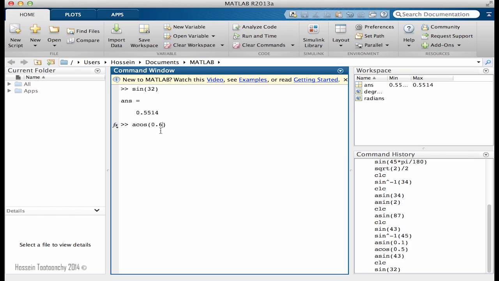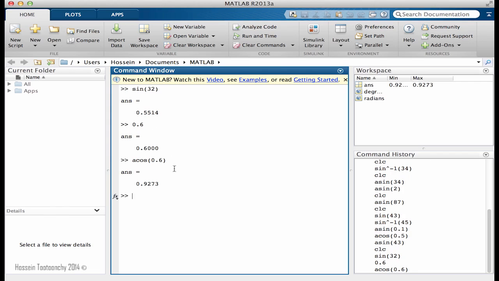A cosine of a number, this number also is going to be in radians, and the result also is going to be in radians. It's really important, as you can see, when we use these trigonometric functions, all we are dealing with is radians, and we're going to convert these radians into degrees.